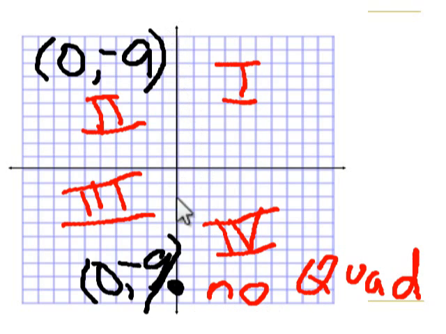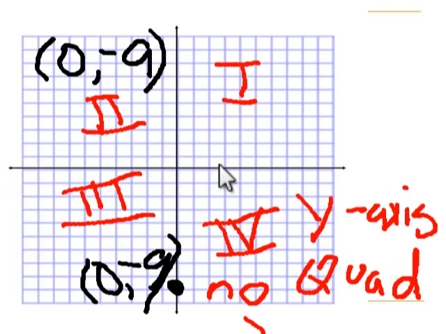And this is the y-axis. So we would just write y-axis. The same would be true if we had an ordered pair, a point plotted on the x-axis. It would not be in a quadrant either, because it's between two quadrants, so we would just say it lies on the x-axis.